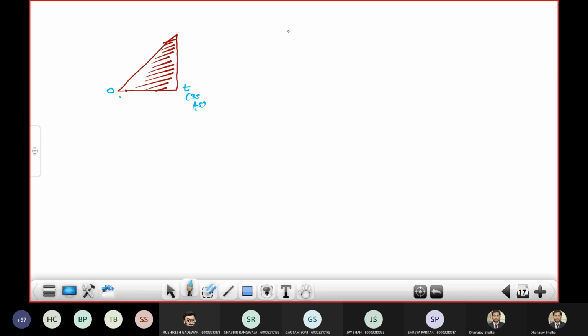Now, if I want to calculate the change in position, this is my AT curve, what formula do I have? xi plus the area under this AT curve. What will be the area? Let's say this is the base b and this is the height h. So area of this will be half into base into height, right?